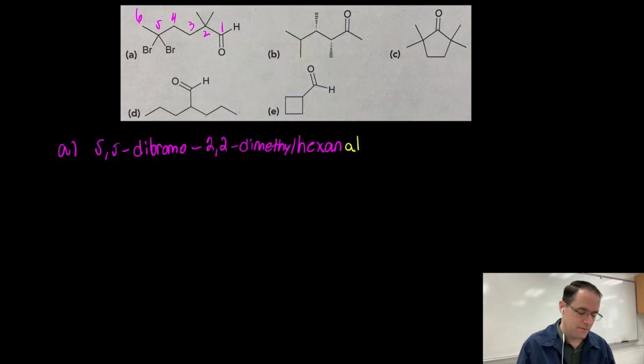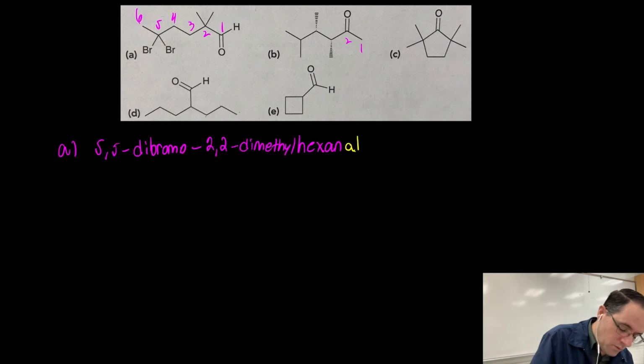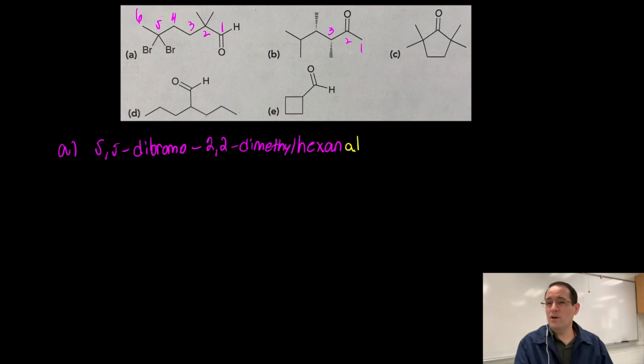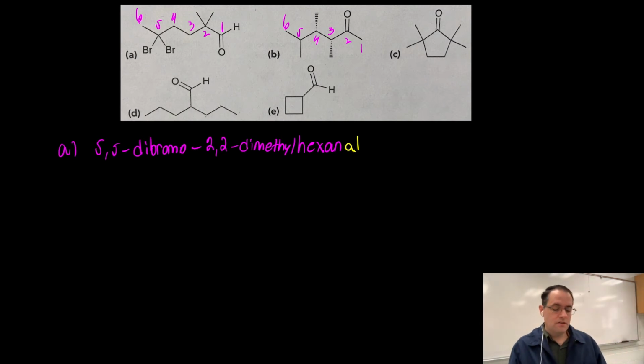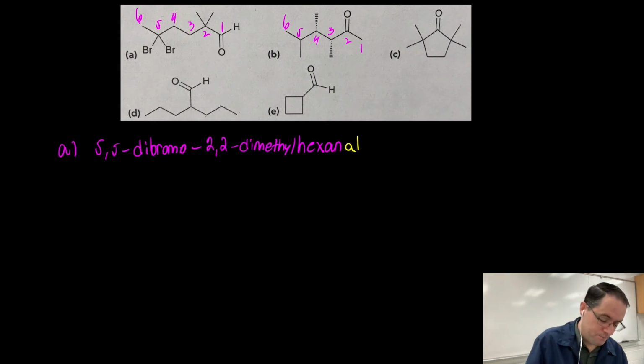That's slightly different. In molecule B here, we have a ketone. We want to number it so that the ketone has a lower numbering. There's a methyl at carbon 3, a methyl at carbon 4, and a methyl at carbon 5. If you have 3 methyl groups, that's called trimethyl.